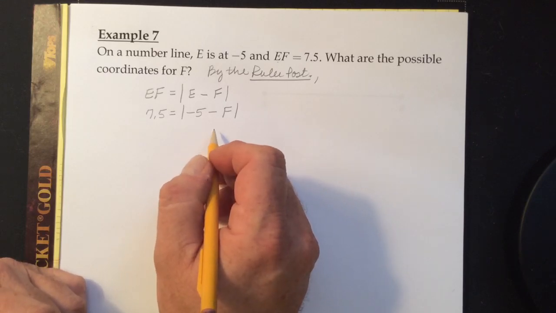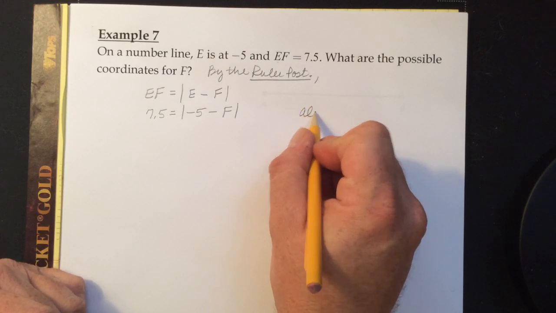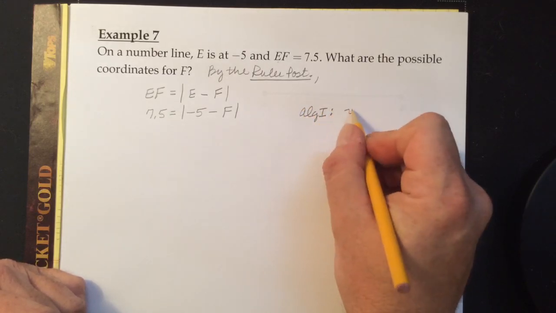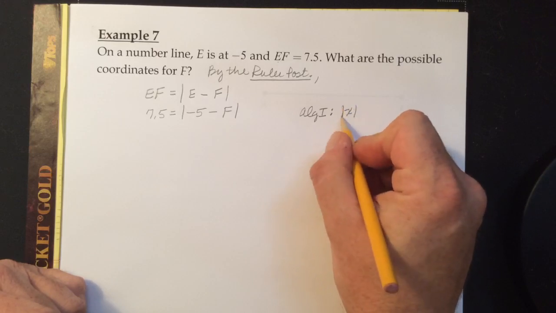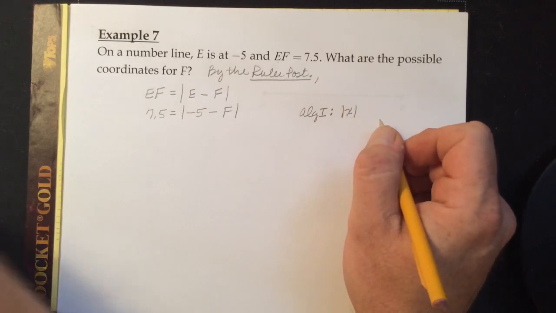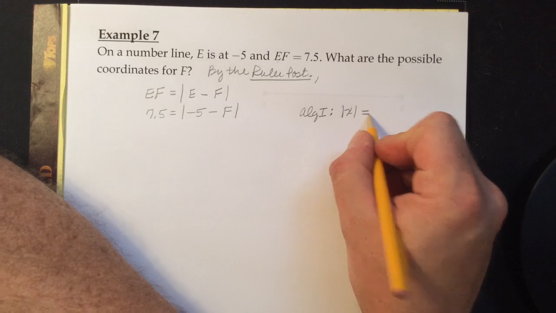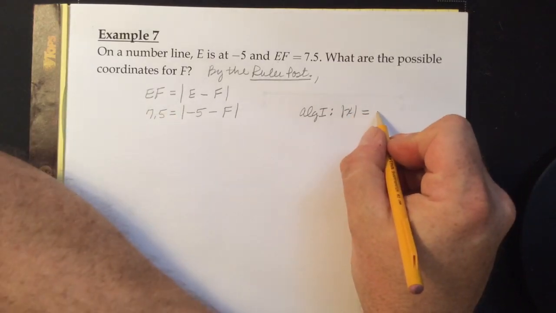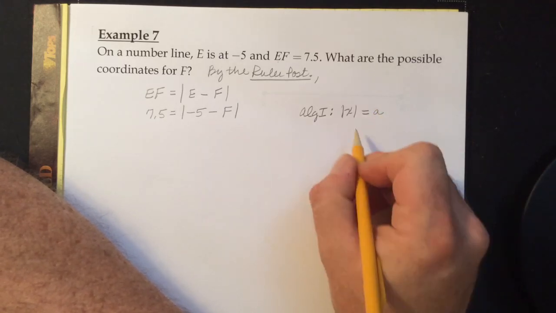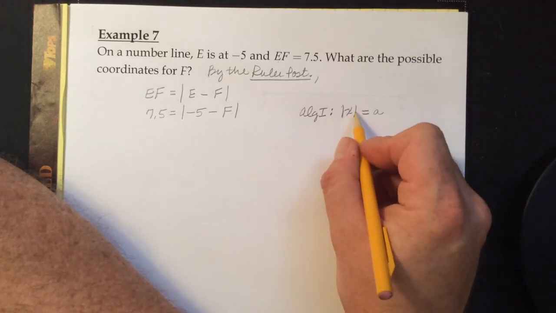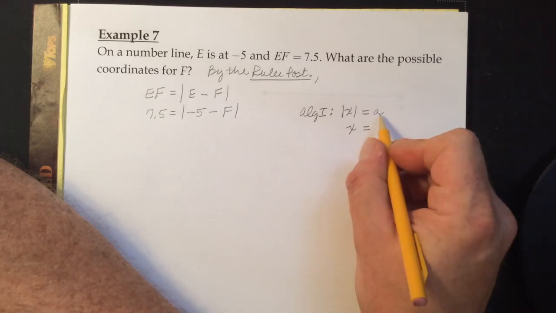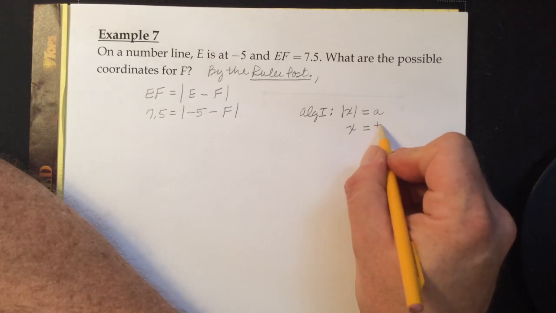From Algebra 1, when you had an equation where you were trying to find the absolute value of a variable, let's say we had the absolute value of x equals some number like a. To solve that, we drop the absolute value symbol, and that equals the positive and negative case for that constant value, plus or minus a.